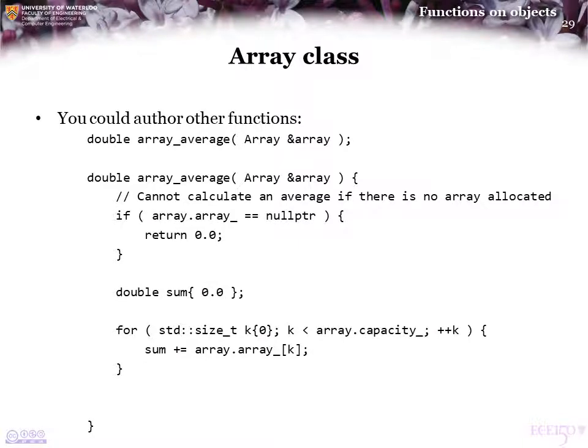Otherwise, we will have a local variable sum, which is initialized to 0, and we'll step through the array, adding to sum each of the entries of the member variable array. Having done so, we will then return the sum divided by the array's capacity, which will, by the compiler, be converted into a floating point number.